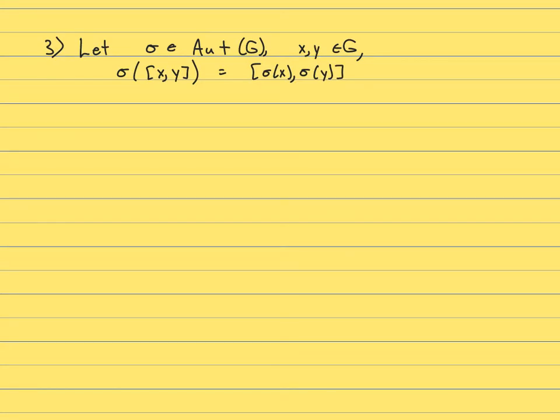In particular, it sends commutators to commutators, and so that tells you that sigma of G prime has to be G prime, because that's the subgroup generated by all commutators.